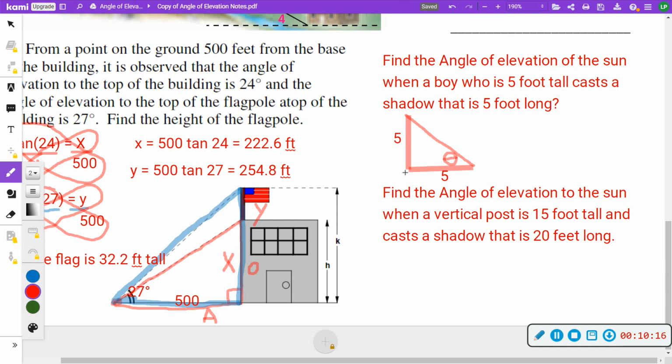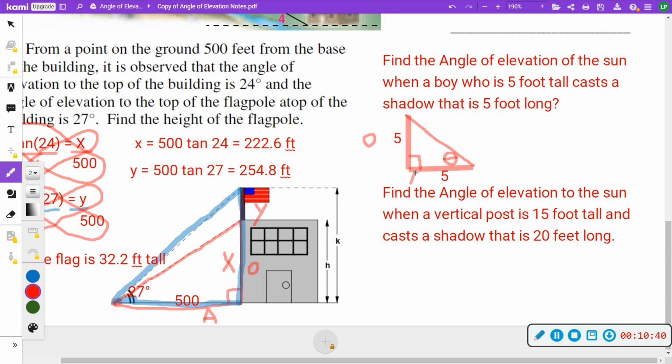Now here, this is a right angle because most people stand straight up and down. The ground, we're going to assume is flat. If it's not flat, that does change this problem. And you should know that this is a special right triangle, that this would be 45 degrees. So this would be 5 square root of 2. But in case you didn't know that, you would again say, okay, this is my opposite.